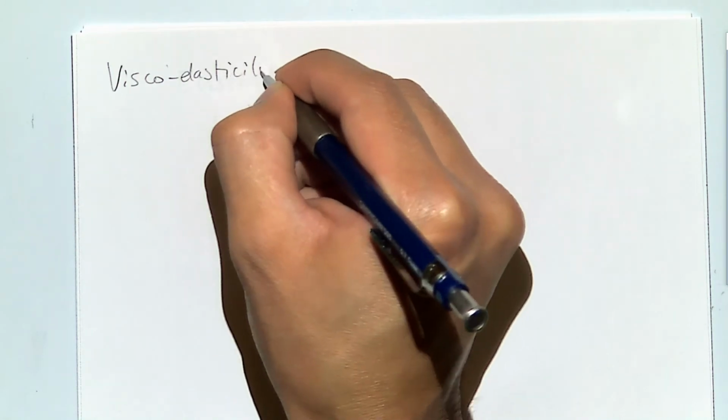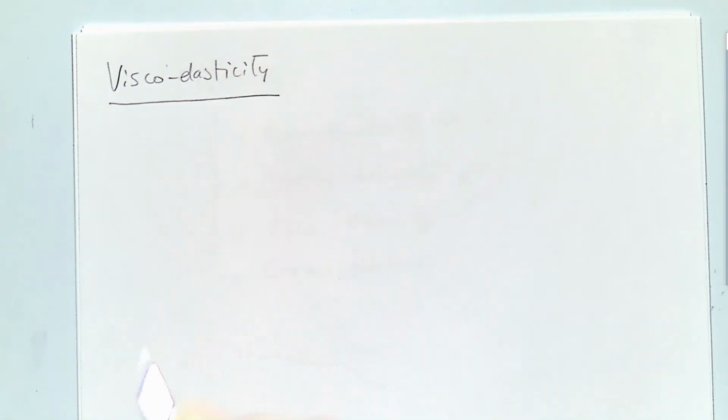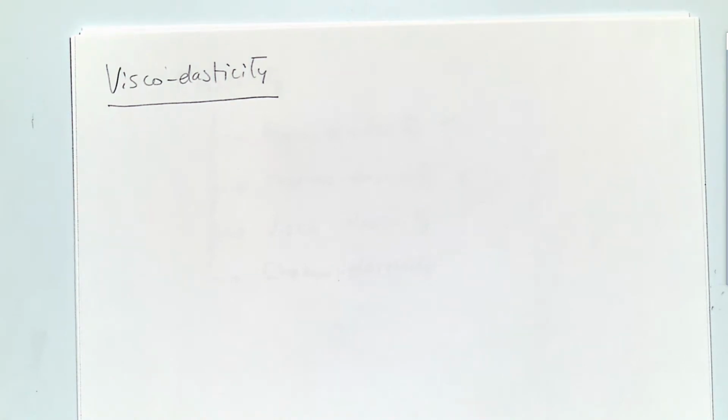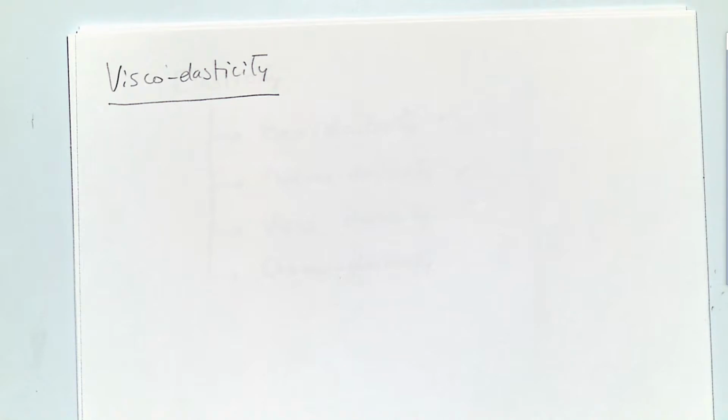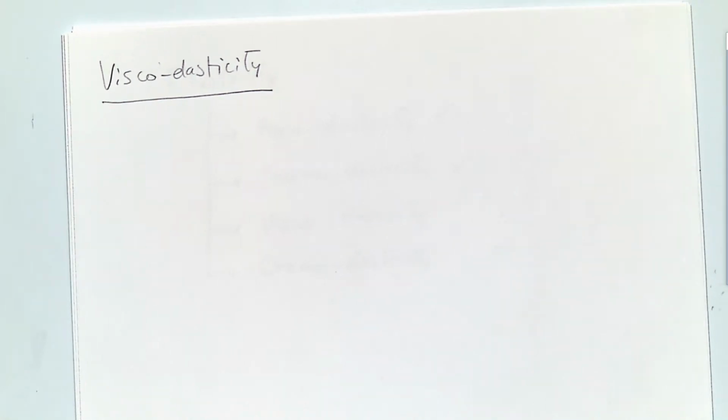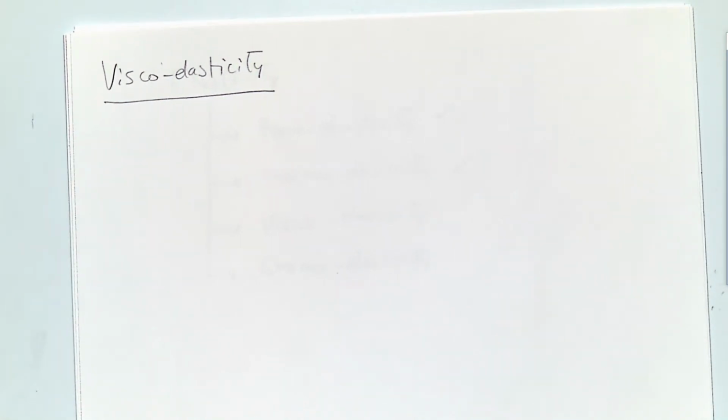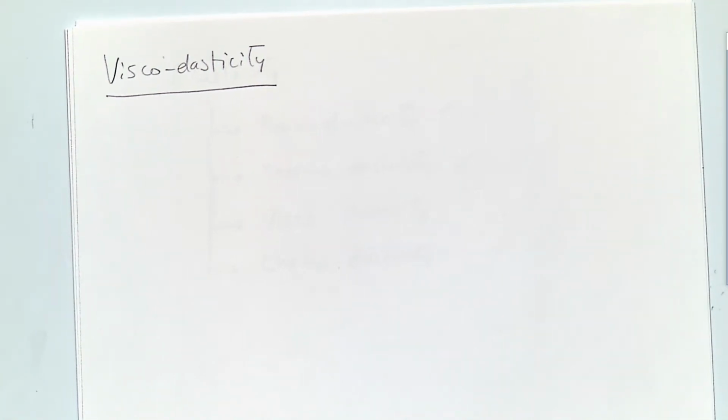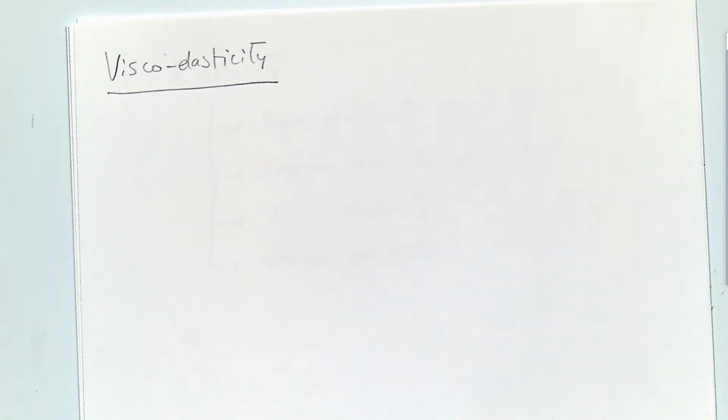There are several models for modeling viscoelasticity with their corresponding equations. But I don't want to go into that because we will need several lectures in order to address that completely. I would just like that you remember the three most common manifestations of viscoelasticity.